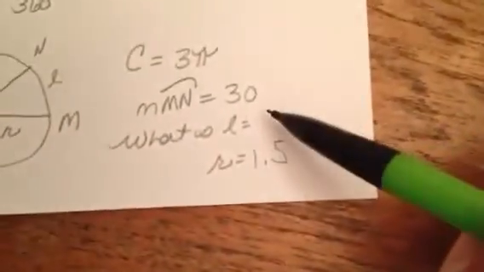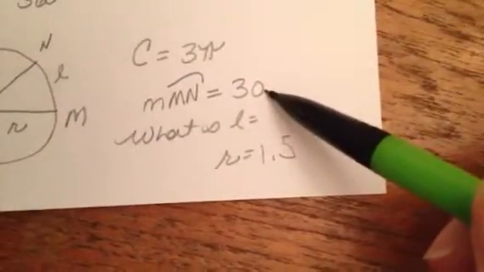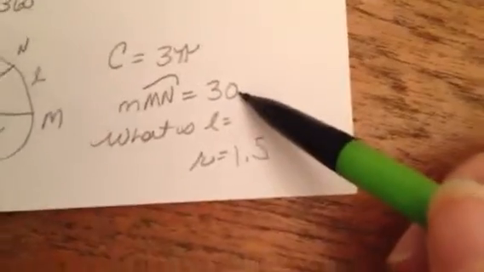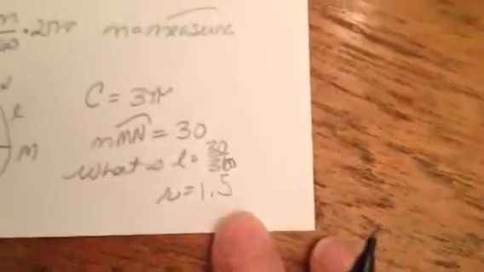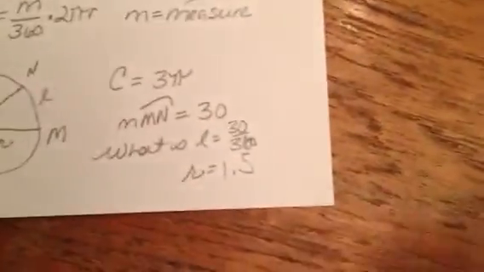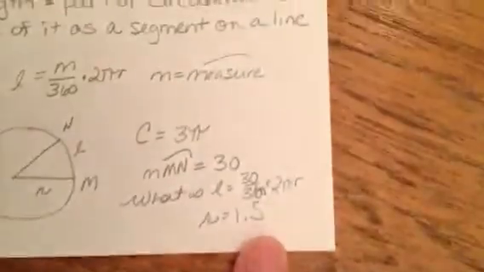Now, in this particular problem, I'm telling you that the measure of the arc is 30. So in order to find the arc length, I have to do 30 divided by 360 times 2 pi r. Sorry, I'm having trouble holding this and substituting at the same time. What is 30 over 360?